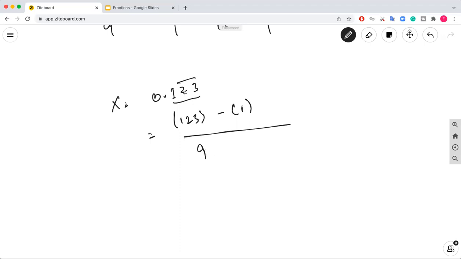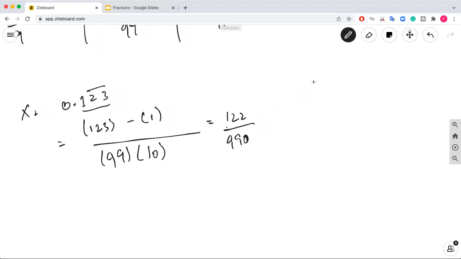How many times? We have 2 repeated, so 9 two times. And for each non-repeated digit, there will be 1 times 0. We have only one non-repeated, that's why we have one 0. So this will be 122 divided by 990.